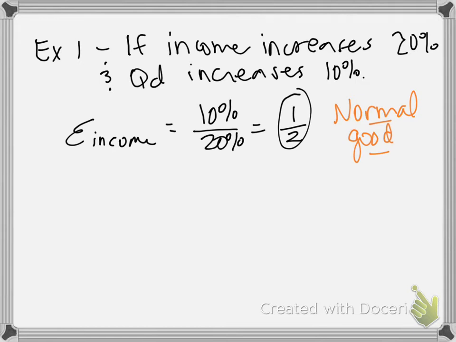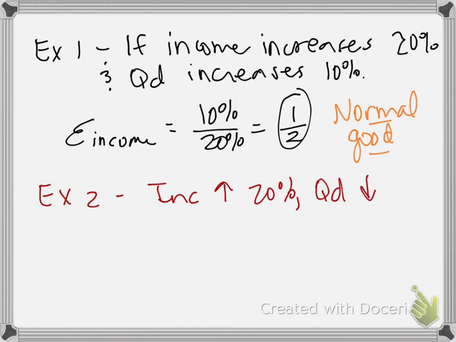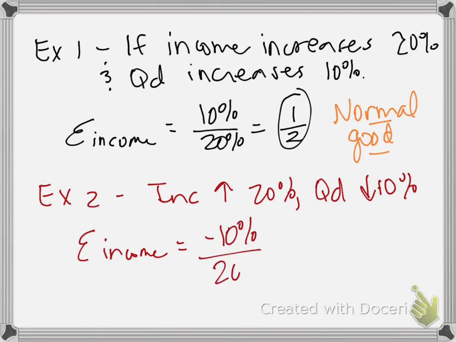But what if our income still goes up? So we're going to modify this a little bit. So my income is still going up 20%, okay? But this time, my quantity demanded is actually going to decrease by 10%. So now my coefficient's going to look slightly different because I'm going to put a negative 10 in my numerator.